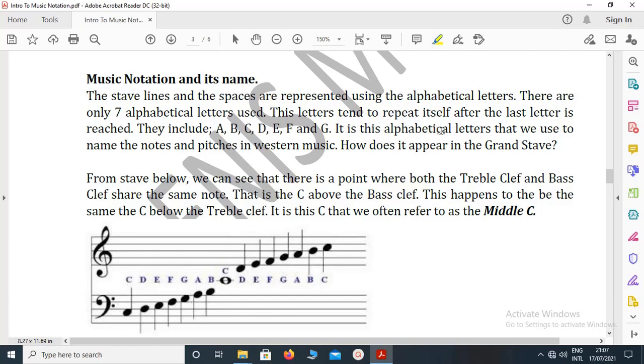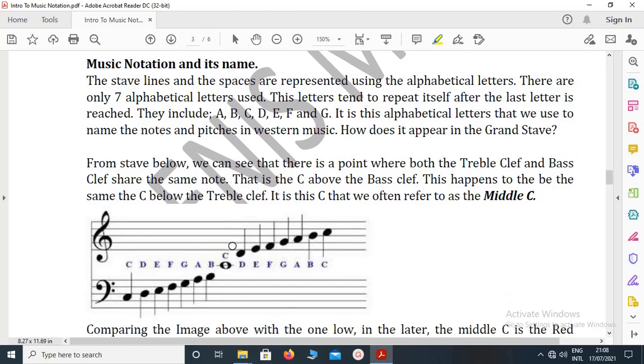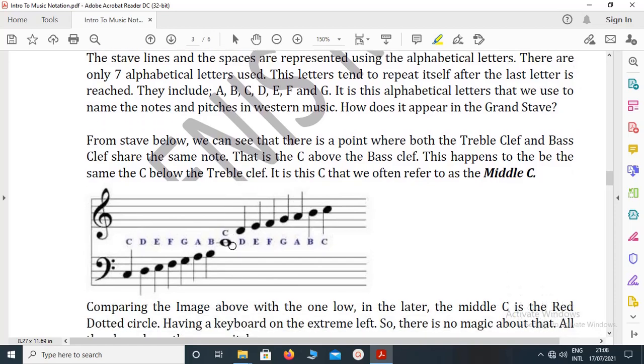So it starts again: A, B, C, D, E, F, G, A, B, C, D, E, F, G, onwards. It can go as high as this part and onwards, for as long as you are naming it A, B, C, D, E, F, G, to an almost imaginary line that we may not look at for the moment. Okay, so let's look at our stave below.